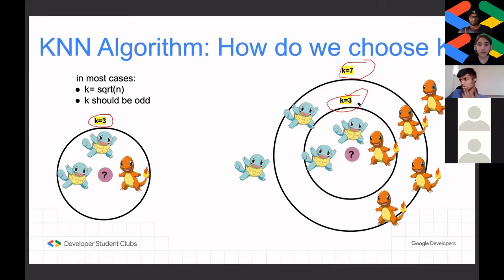Another thing to keep in mind is that if you have an even number from the square root, then you should add or subtract 1 to make it an odd number. For example, let's say K was 4 over here.